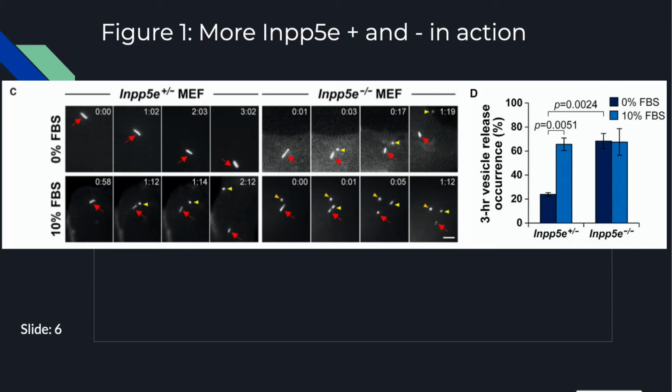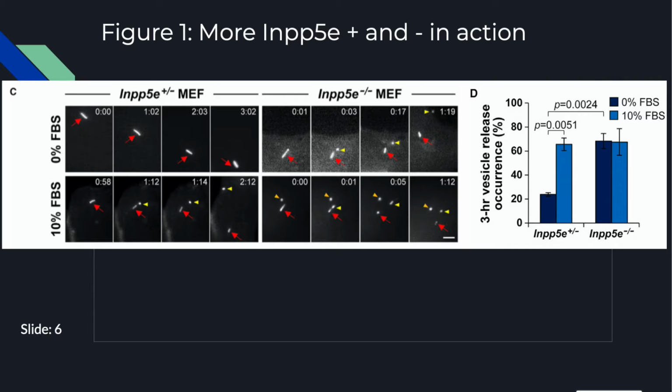Researchers found that in quiescence, cilia were shorter in the loss of function, had a lower concentration of cilia, and had a 68.3% plus or minus 6.3% occurrence of vesicle release, as compared to 23.8% plus or minus 1.5% vesicle release in non-mutant INPP5E in a 3-hour period. As you can see in figure 1C and D, red arrows are cilia, yellow arrows are excised tips.